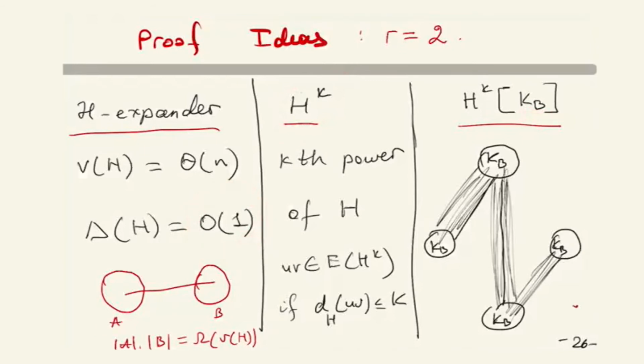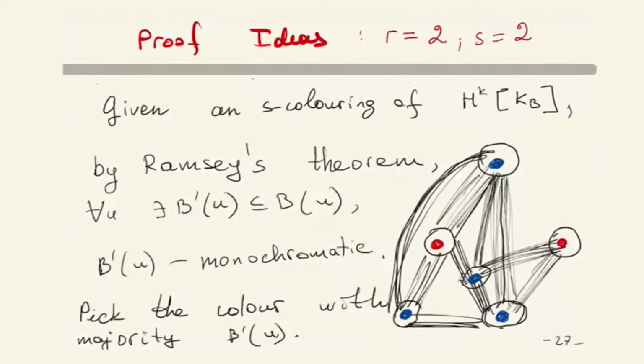Okay. So now imagine I'm given any coloring of the graph H^k blown up by B. Now what can I say? By Ramsey's theorem, if I look at each one of these blobs, imagine the coloring is just red and blue.